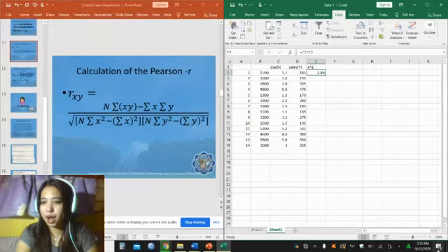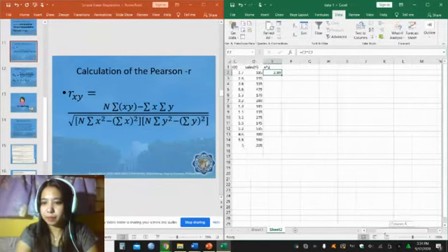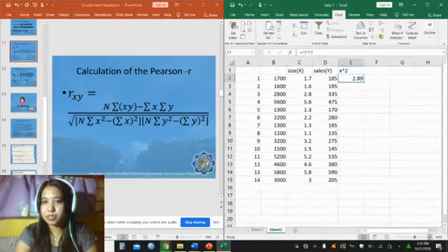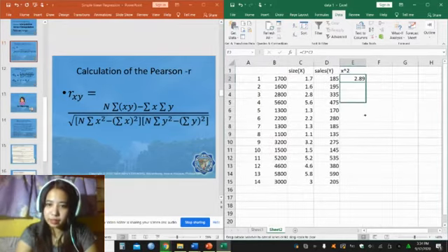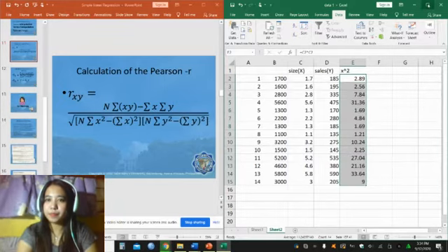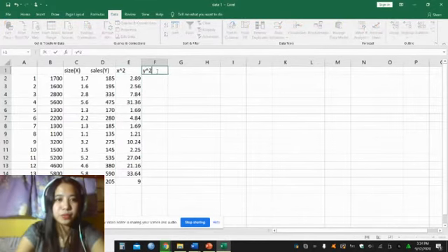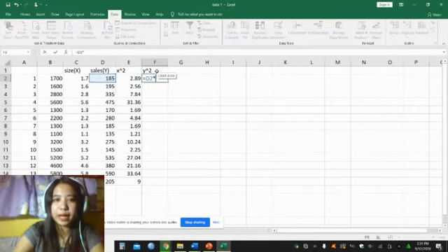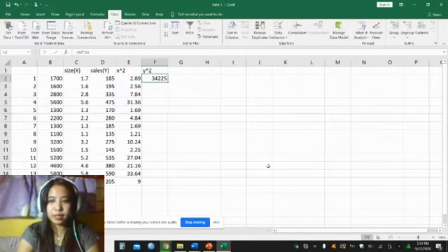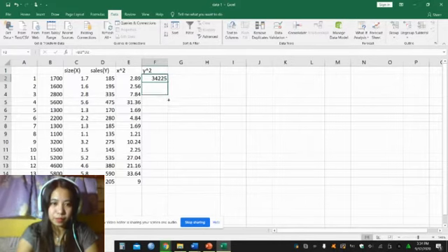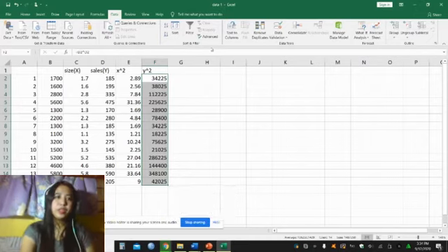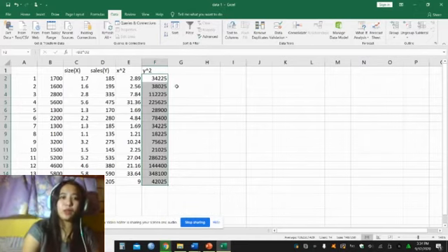So you just need to drag your data, from this cell, I will drag it down. And then also, let's compute for Y raised to 2. This is also the value of Y multiplied by itself or raised to 2. And then, again, drag your data down. So this is the X square and Y square.